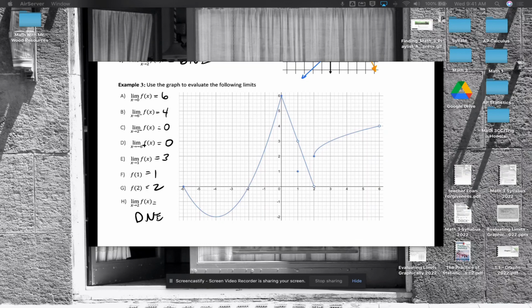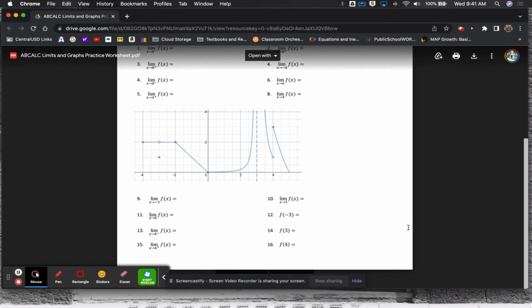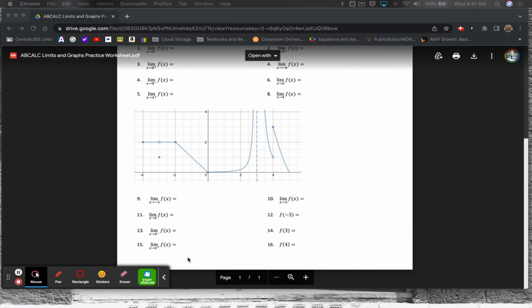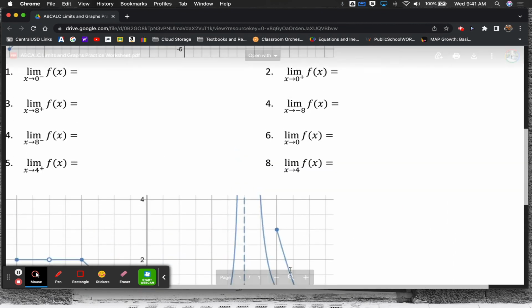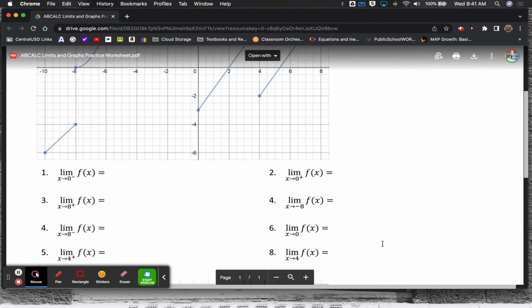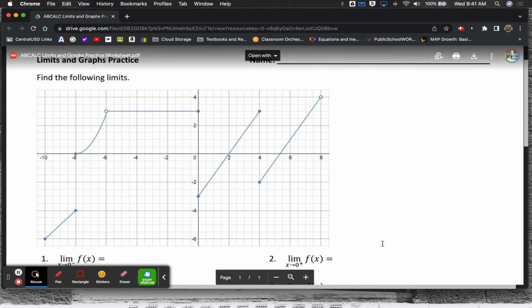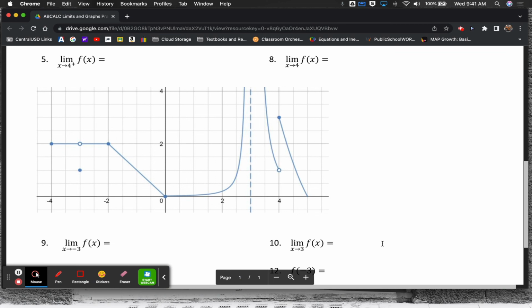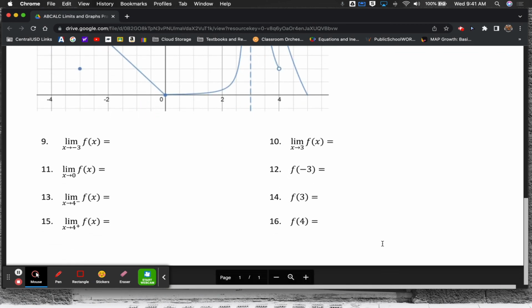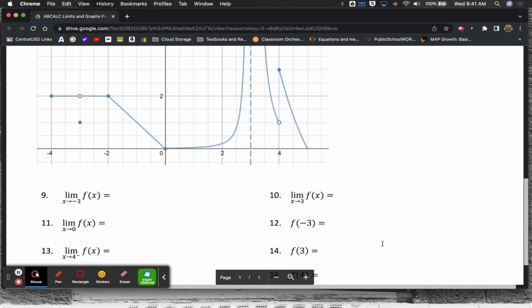I believe this is it. Let me show you. This is the worksheet. Like I said, I didn't make copies because I wasn't sure if we'd finish in time. So it's two graphs. There's one graph, there's the other graph. Kind of like you did, just more practice.